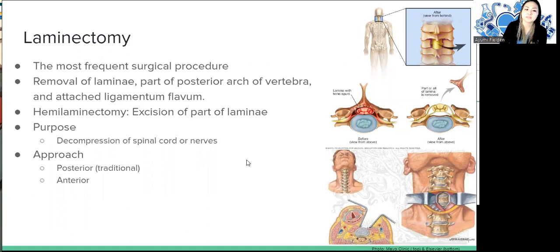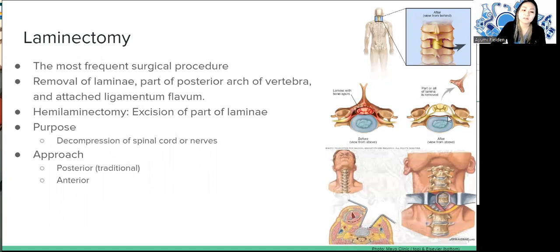To decompress the spinal cord or nerves. You see that right here in this picture? It is so compressed, and your spinal cord is so angry. I might have pain, numbness, tingling, and all that stuff. If we remove that pressure, now your spinal cord can expand and won't be so angry.